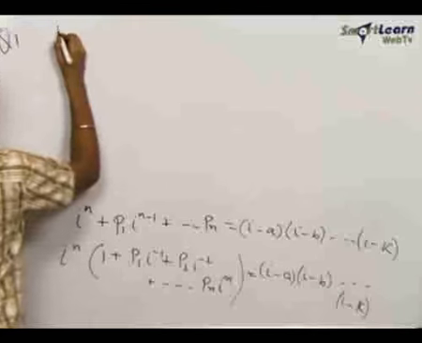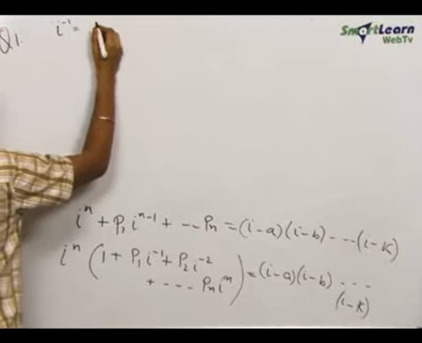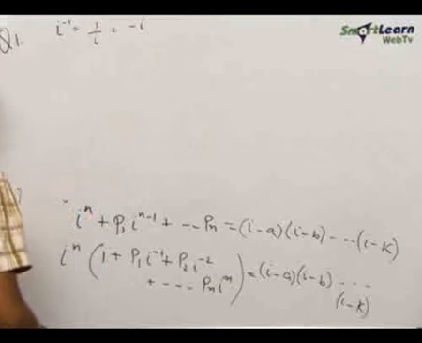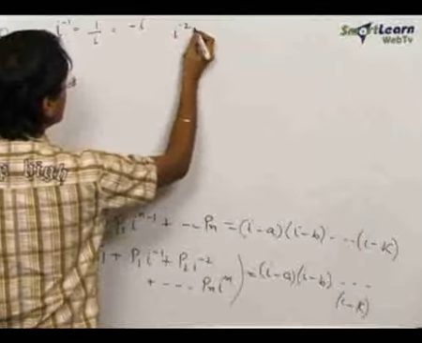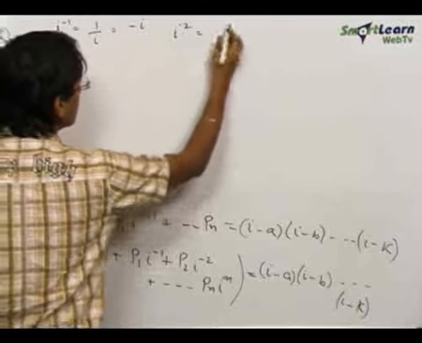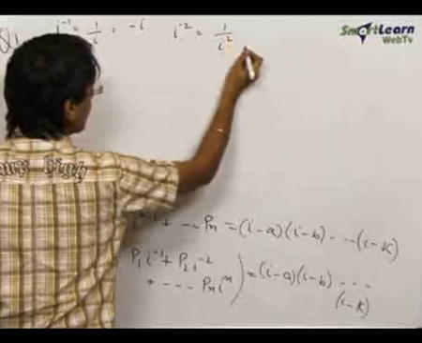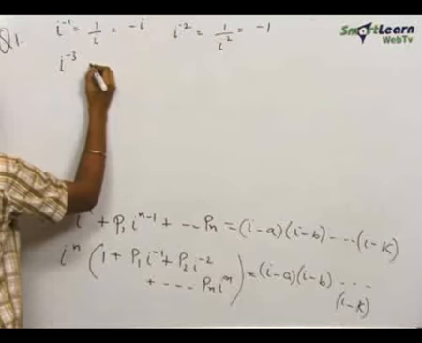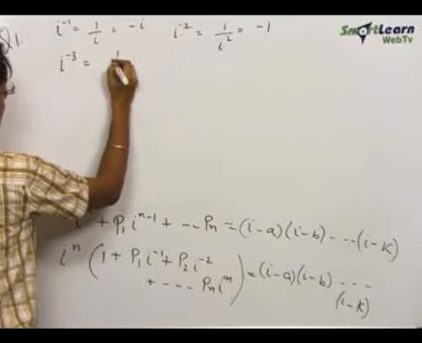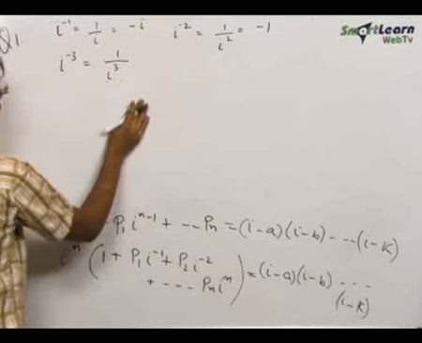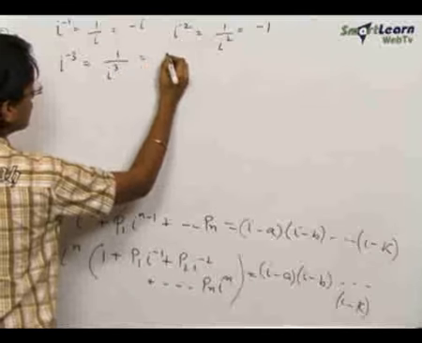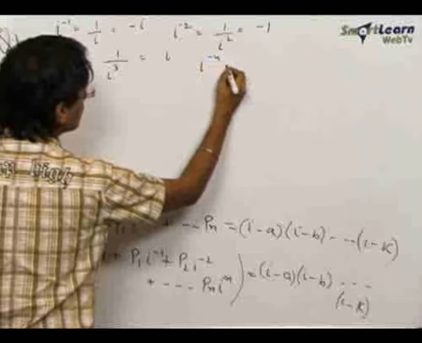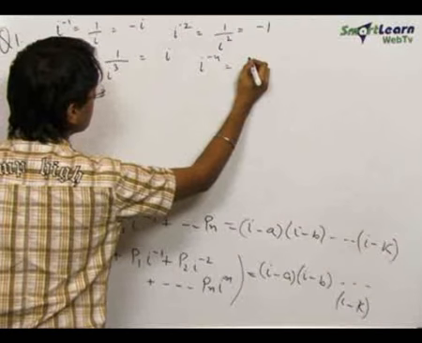Now we know that iota power minus 1 is equal to 1 upon iota, which is equal to minus iota. Iota power minus 2 is equal to 1 upon iota square, which is equal to minus 1. Iota power minus 3 is equal to 1 upon iota cube, which is equal to iota, and iota power minus 4 is equal to 1.